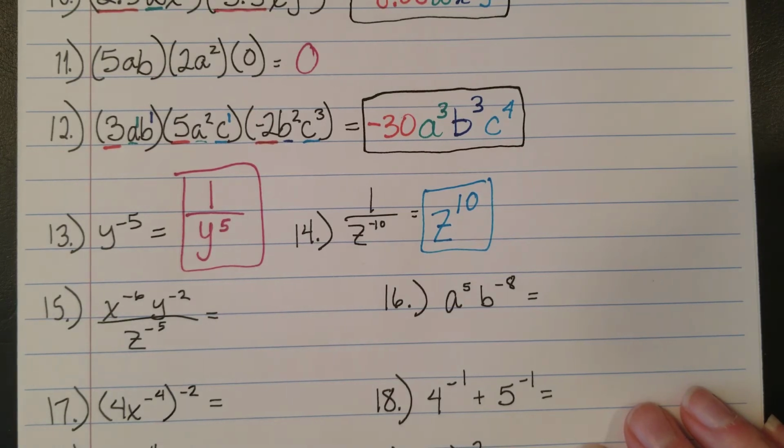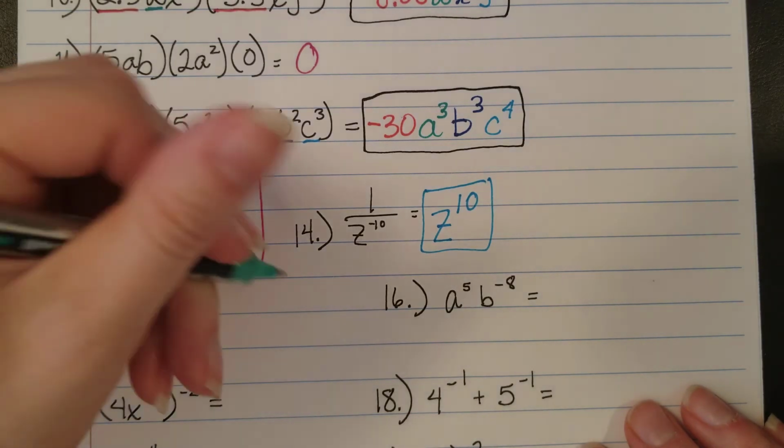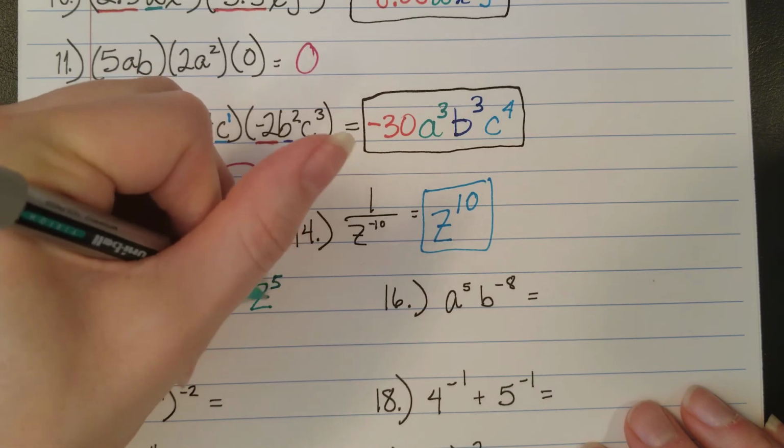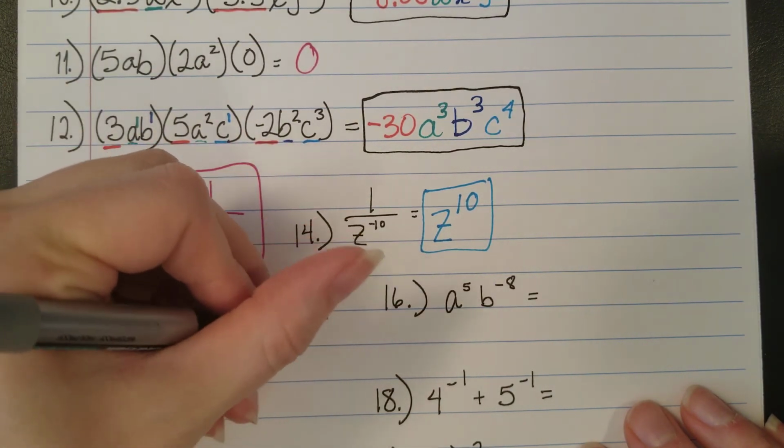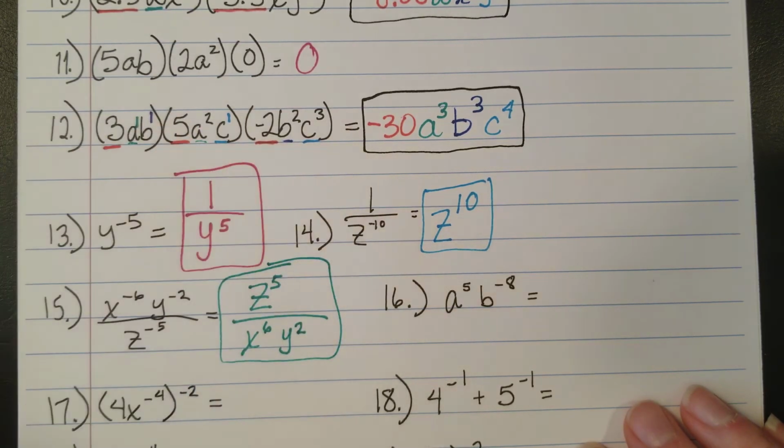All right, and number 15, all of those have negative exponents, so I'm just going to basically flip the whole fraction, and then that will just get rid of all the negatives. So that would give me z to the 5th over x to the 6th y squared. Let's see, number 16.